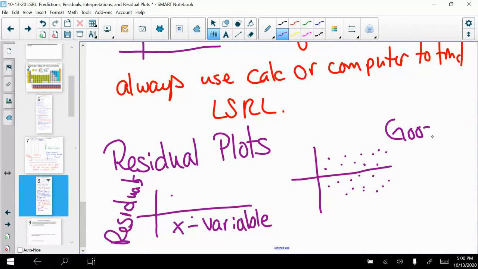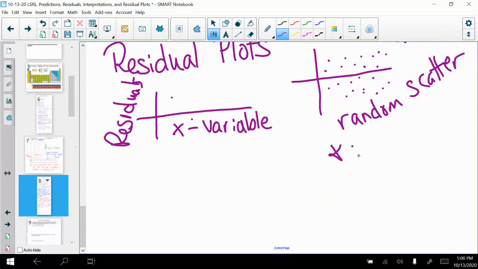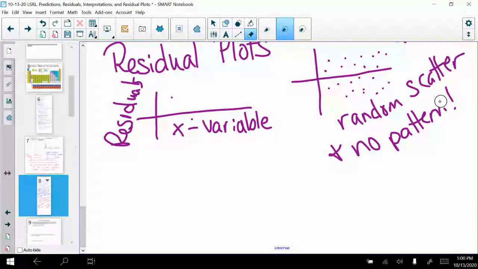So this is good. Random scatter and no pattern. And that no pattern, that's a big one. The biggest concern in a residual plot is a pattern.